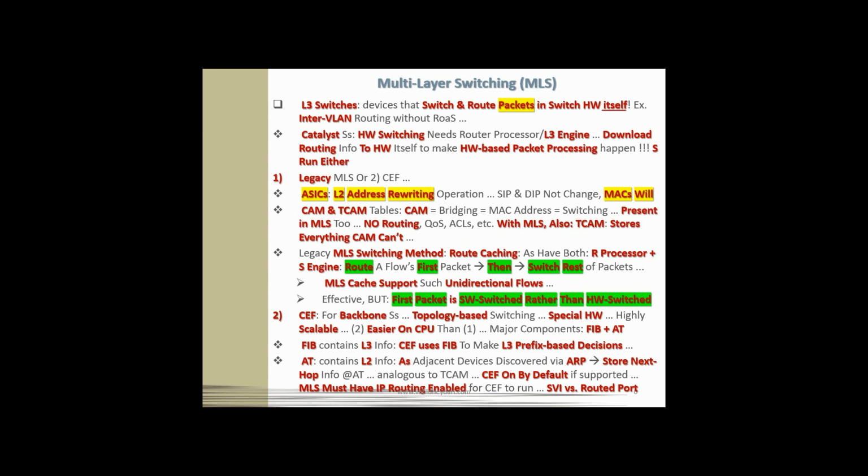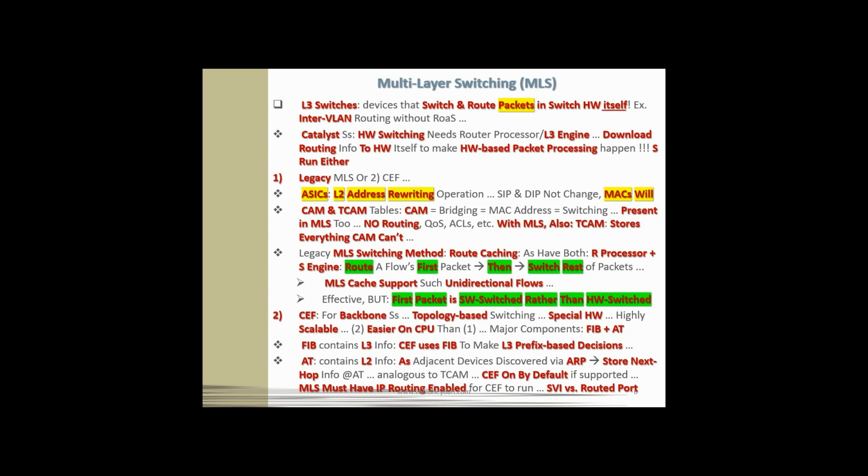The very first packet in any flow will be switched by software, because as I said before, the routing processor means some software sitting there and calculating the best path for that very first packet of a flow.